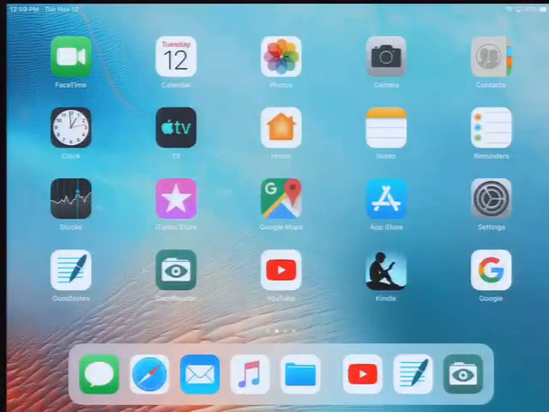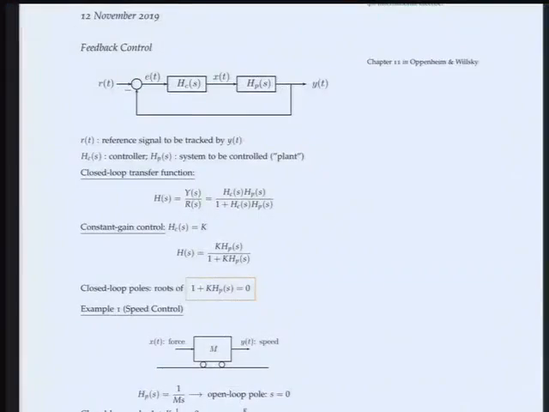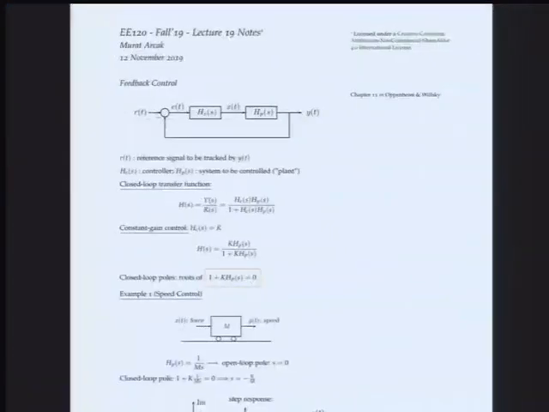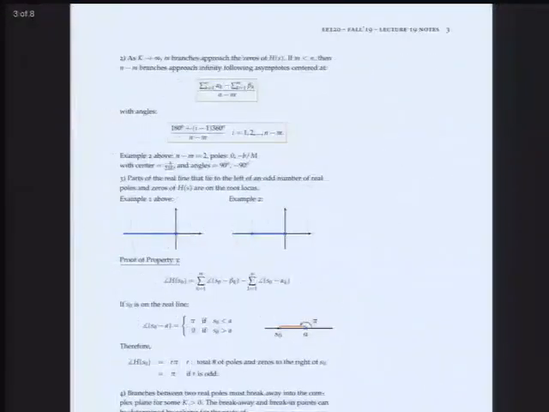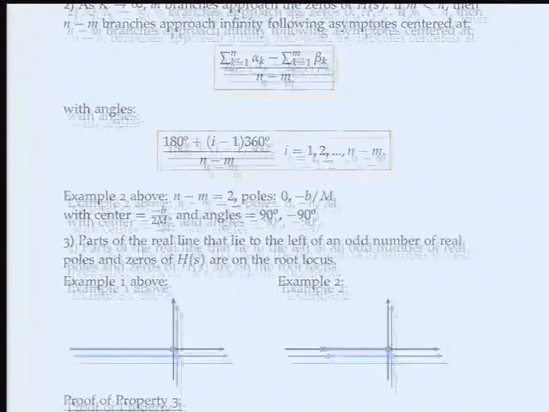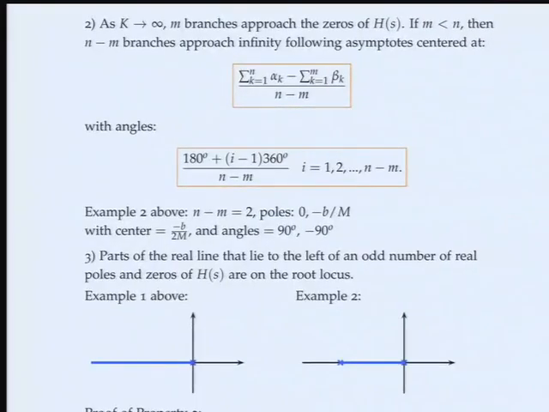Let me just show you my notes, which is everything, of course. So this is what happens when k goes to infinity. You basically have asymptotes that you will follow to go to infinity. And how many asymptotes you have depends on n minus m, right? Because we have n poles that are looking for a place to go.